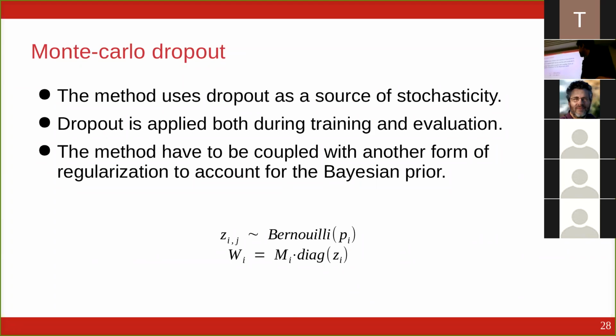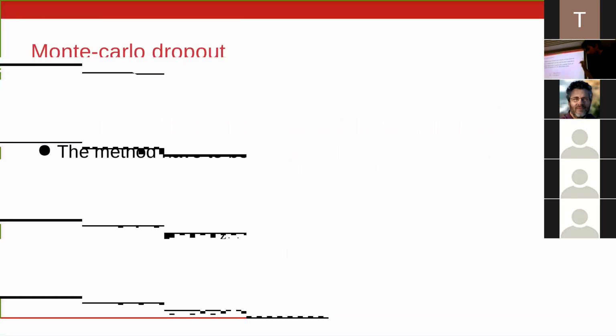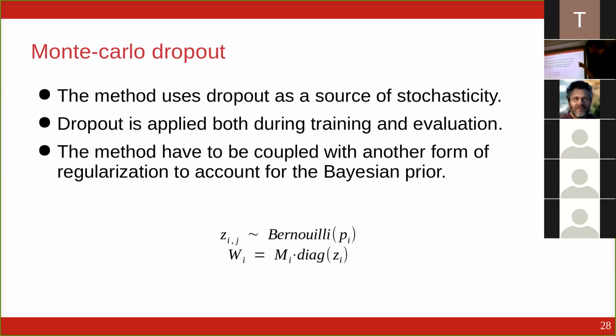Monte Carlo dropout is a method that is used quite a lot. The idea is to use dropout, which is a method that will randomly turn neurons on or off during training to force them to not co-adapt. But if you keep your dropout layers activated at evaluation time, you can see that method as a kind of variational inference, where you fit a random distribution using Bernoulli variables to define the weights.